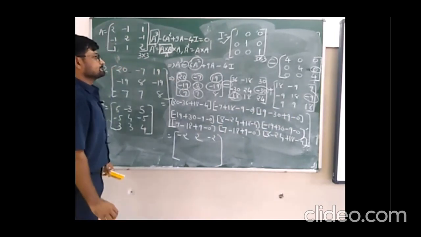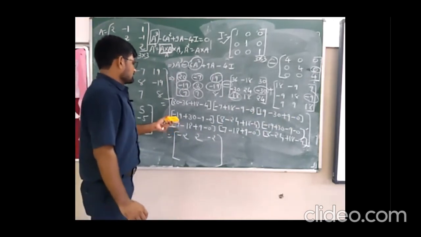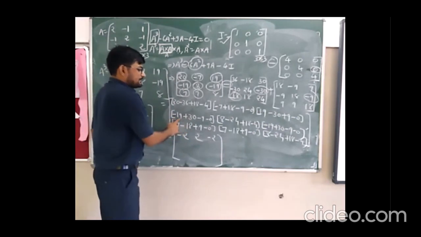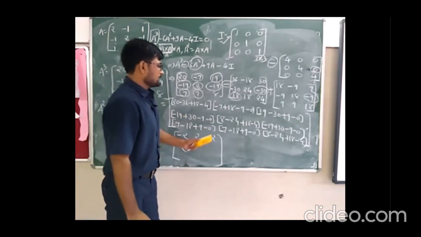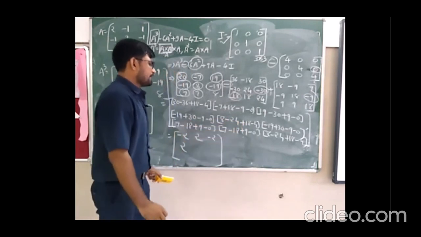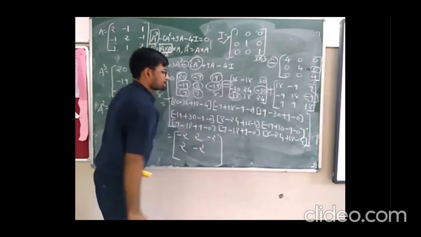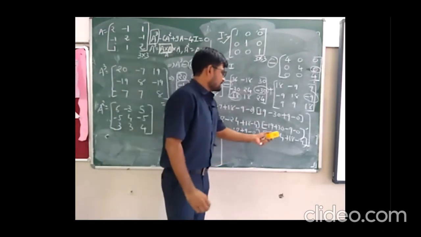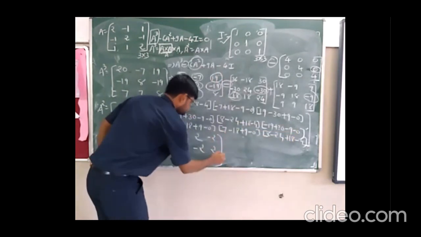Then 30 minus 19, 11, 11 minus 9 is 2. Then 18 minus 8... 26 minus 24, that is 2, and 2 minus 4, that is minus 2. Then 30 minus 19 is 11, 11 minus 9 is 2.